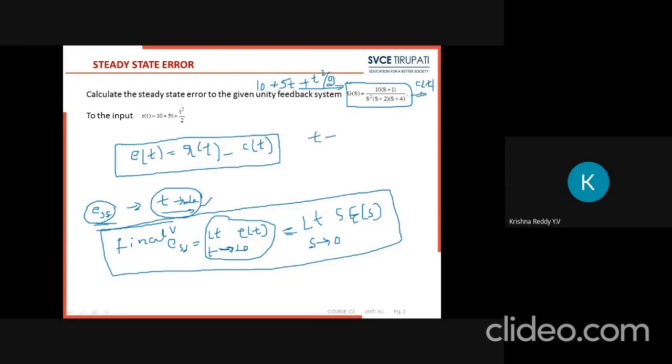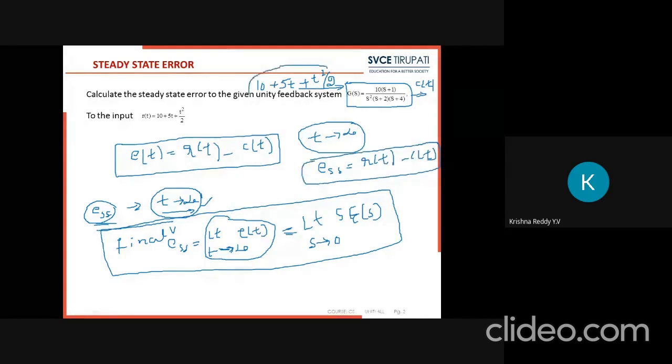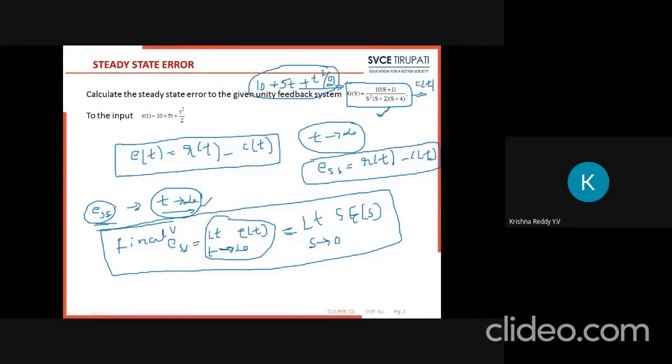Now at a time t tends to infinity, I need to know the deviation between its input and output. Here we need to calculate the steady state error when I apply this input to this system.